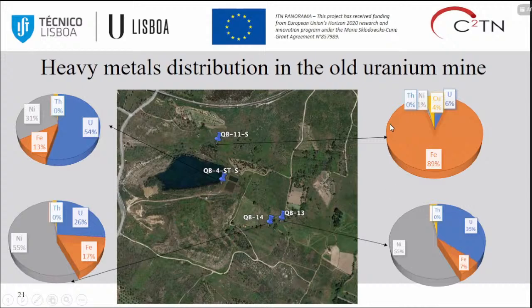KB11, as I told you before, has more iron concentration because the micas from the geological units had a higher amount of iron. We analyzed and found this result, but the rest of the elements are lower.